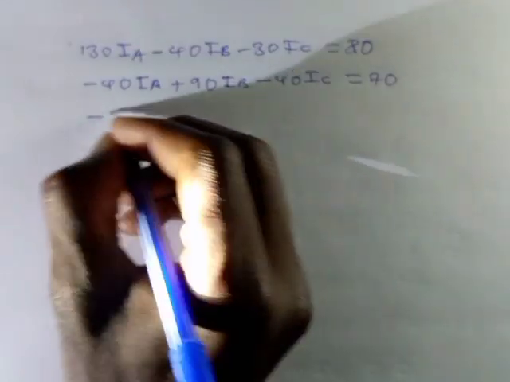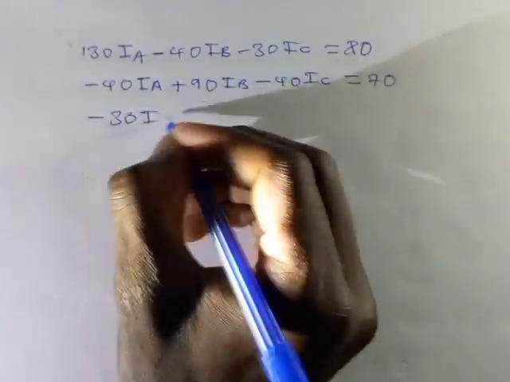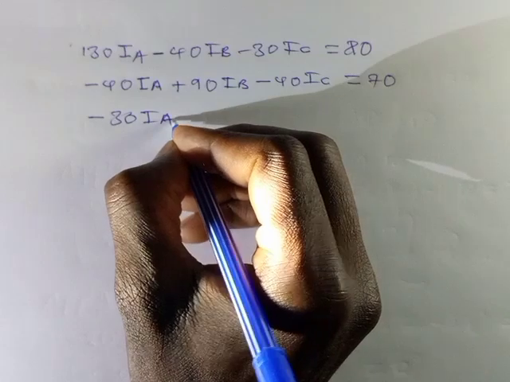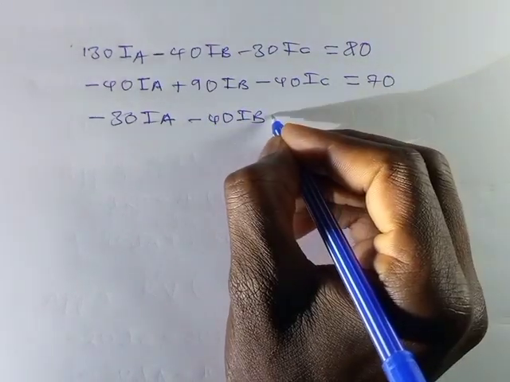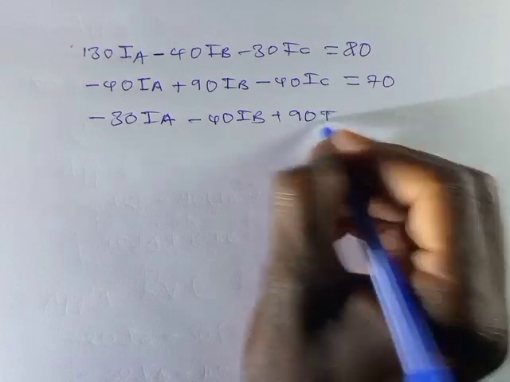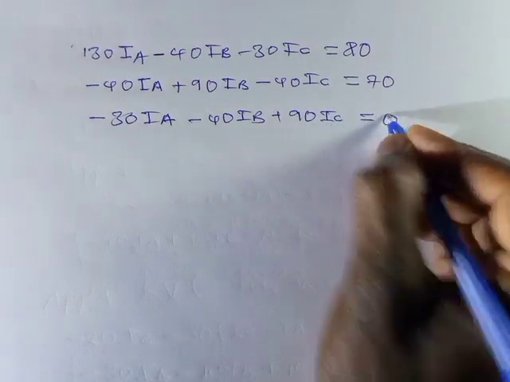And lastly, is minus 30 IA minus 40 IB plus 90 IC equal to 0.